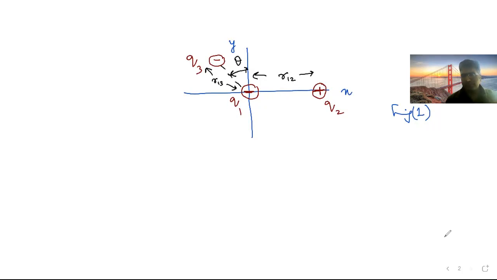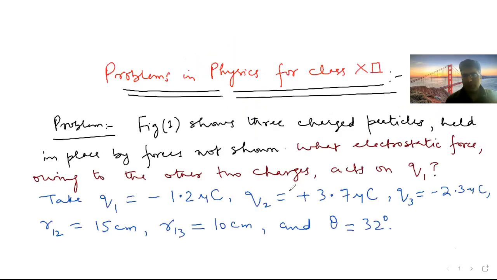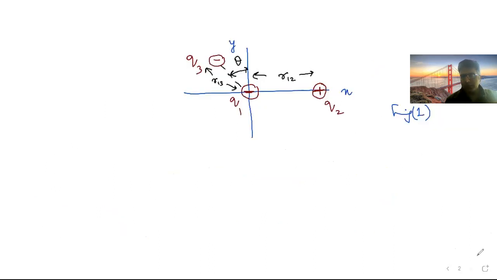This is a figure. As you can see, we are supposed to find the net force on Q1. And we know Q1 will experience force due to Q2 as well as force due to Q3, right?